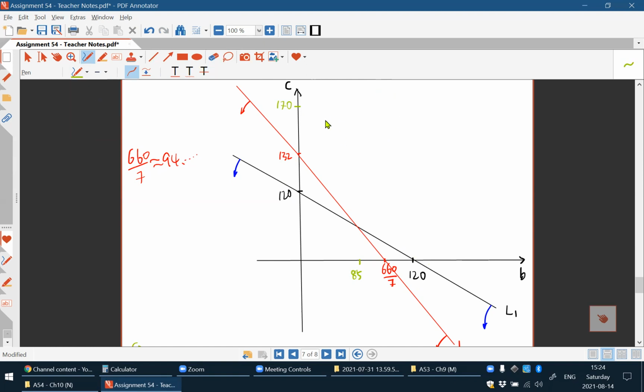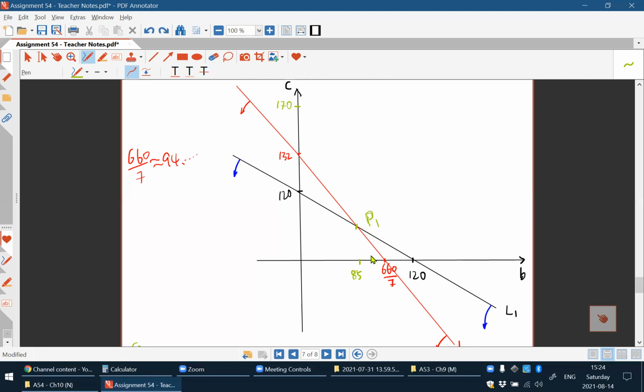Okay, the question is, if we connect these 2 points, is the green line here to the left of the intersection point? Let's call this P1. The question is whether the green line is to the left of P1, or it passes through P1, or it is to the right of P1. All of the situations are possible, right?